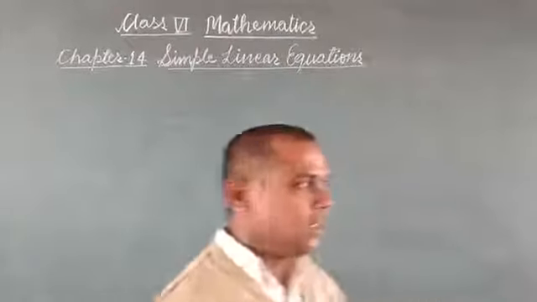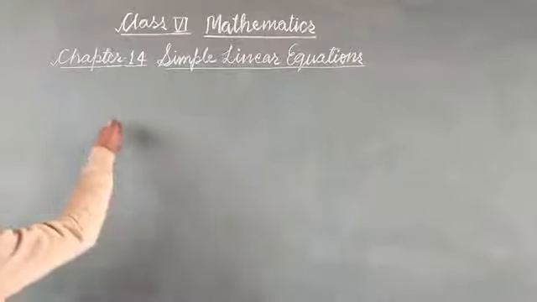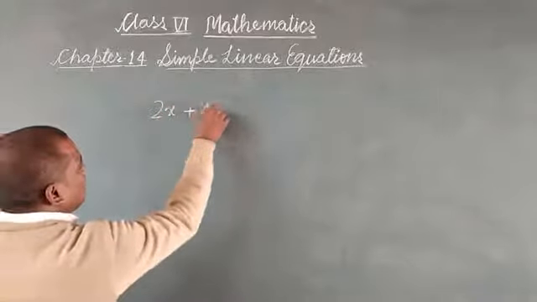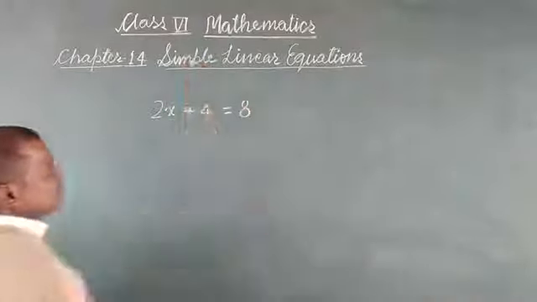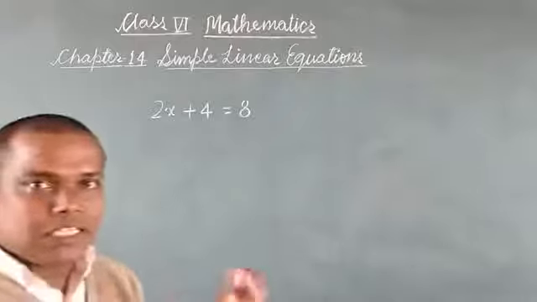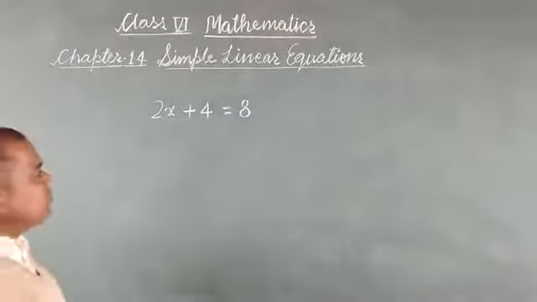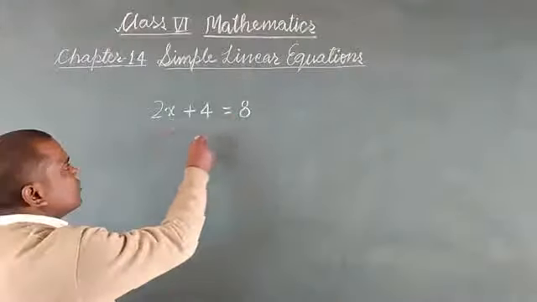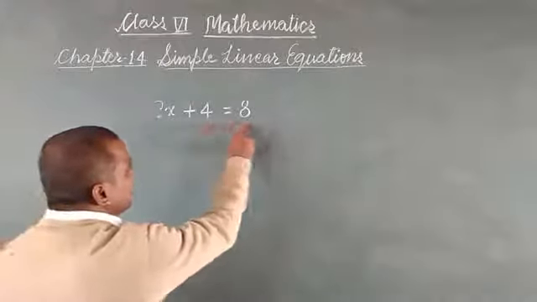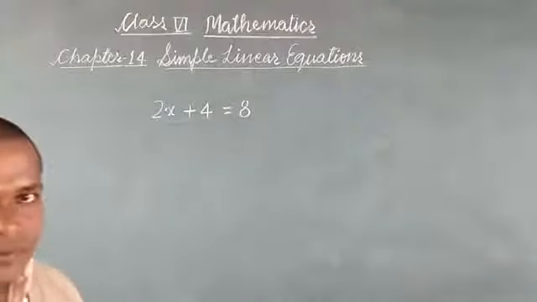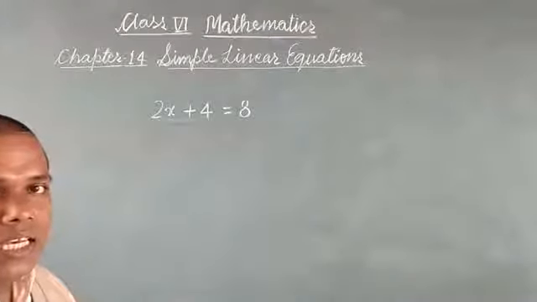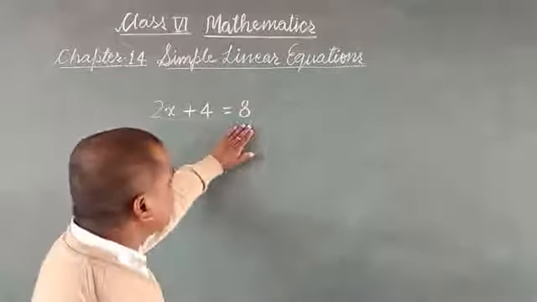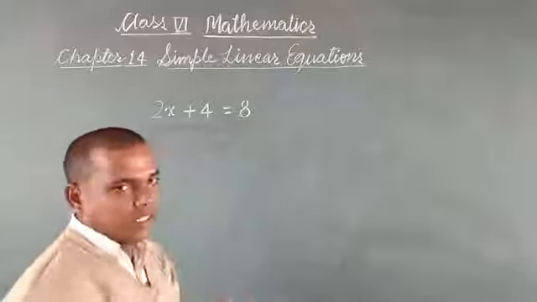Look at the example here. Suppose we are having a statement 2x plus 4 is equal to 8. It is an algebraic statement. Here equality holds. This is called an equation, simple linear equation. First, we know it is an equation.